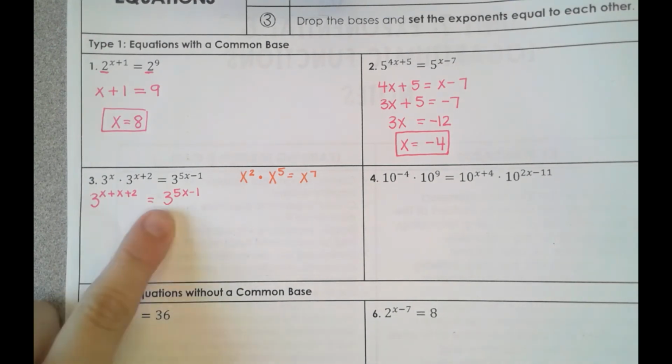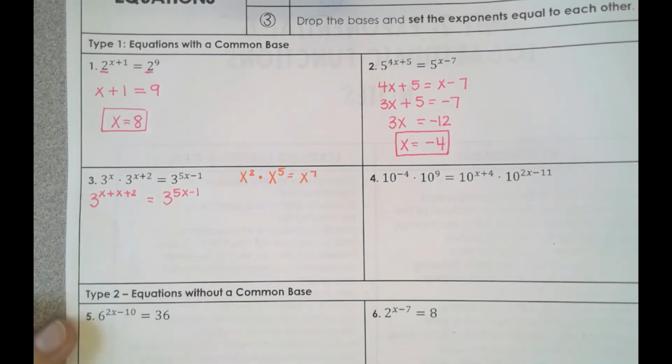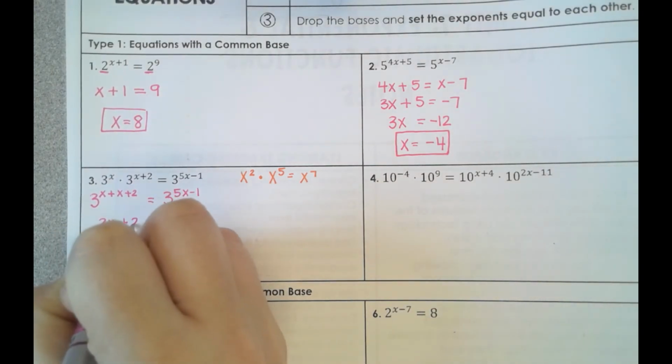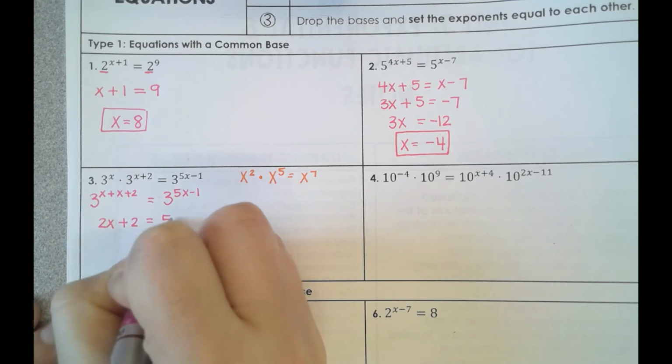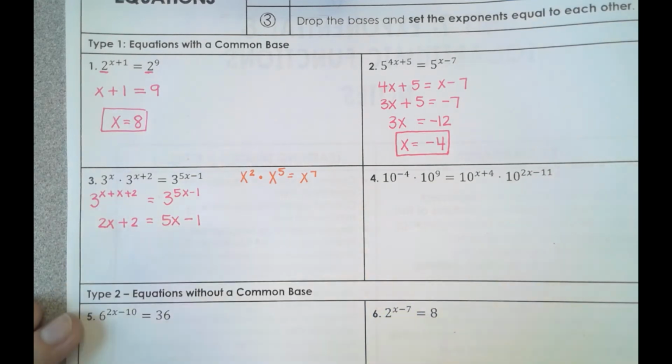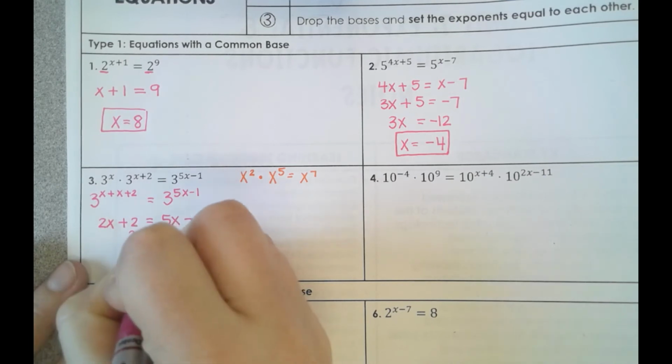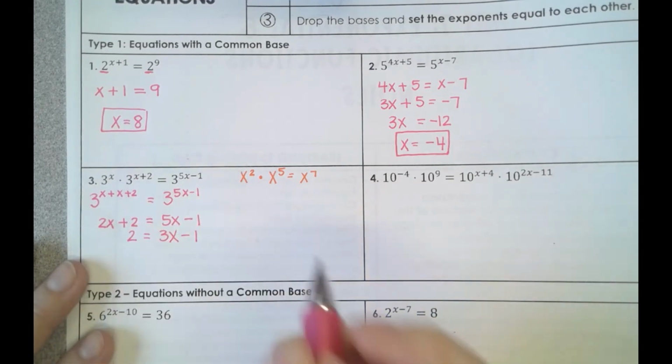Then I can set my exponents equal to each other, so that would be 2x plus 2 equals 5x minus 1. Then if we subtract 2x, we get 2 equals 3x minus 1.